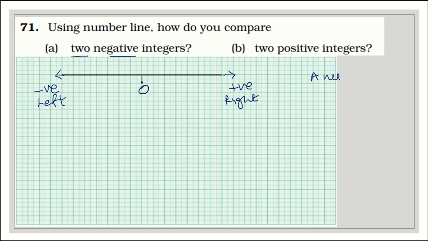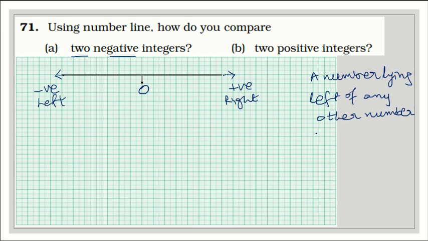a number lying left of any other number is greater. Is it greater or smaller?